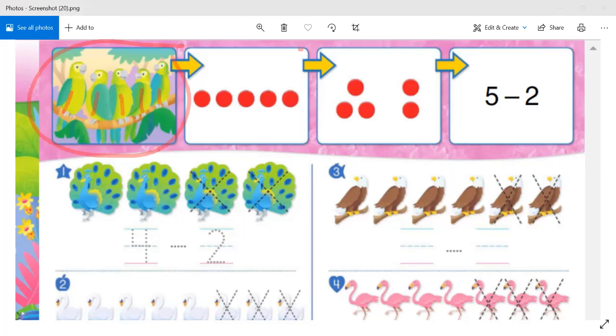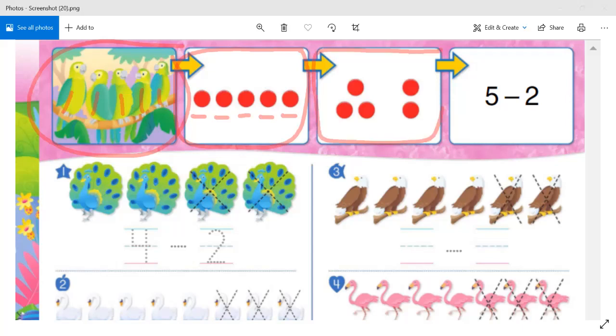Let's look at our next box over here. So what could we use to show a story about the parrots? We can use counters. How many counters would we start with? If there's 5 parrots, we're going to use 5 counters, right? 1, 2, 3, 4, 5.